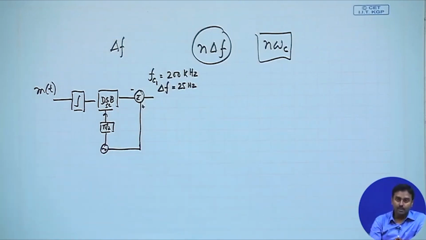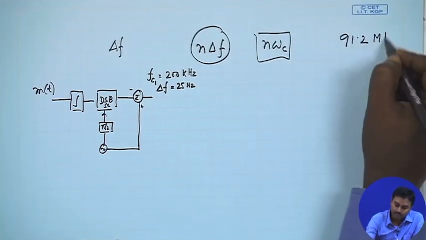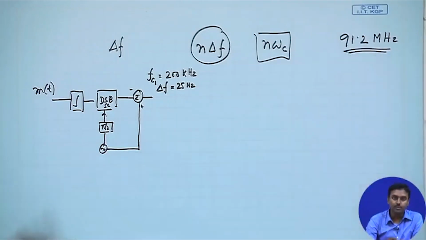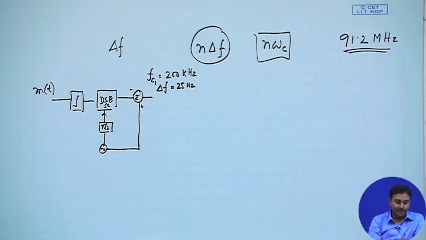Suppose I want to generate an FM signal at frequency 91.2 megahertz. This is something you are used to, 91.2 FM. That is where I wish to put my signal, and the del f at that frequency is also specified.